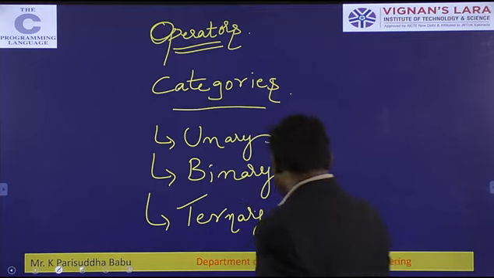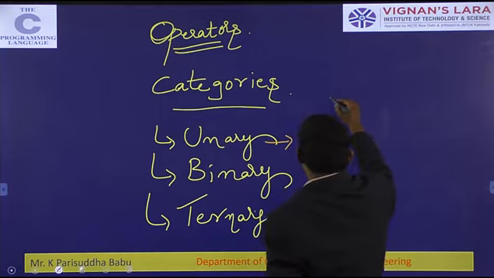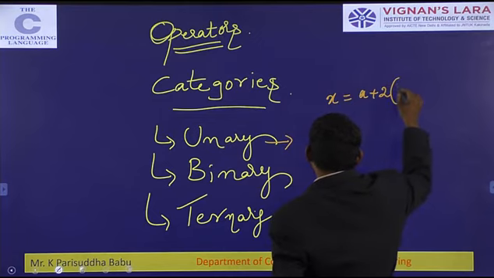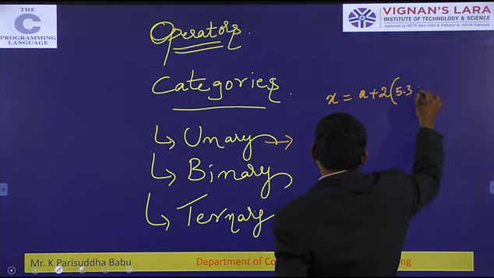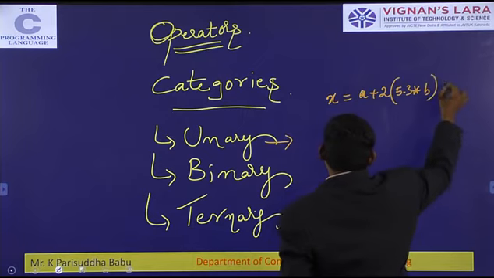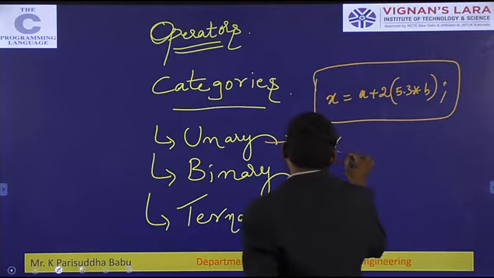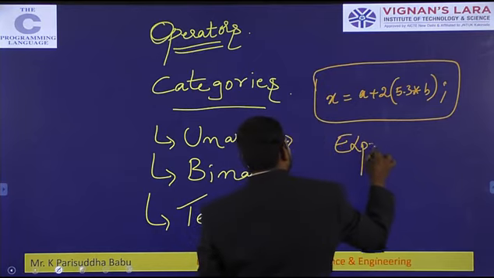For example, x = a + 2 * 5.3 * b. This is an expression.